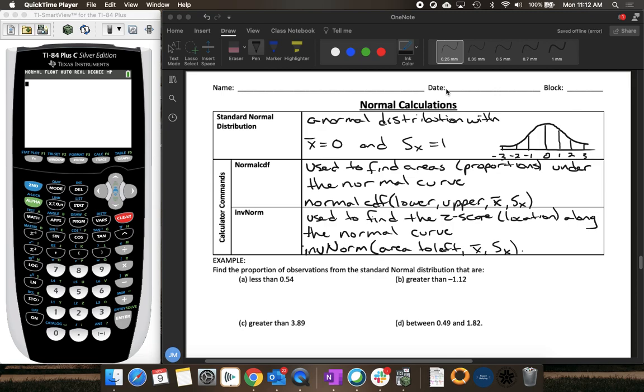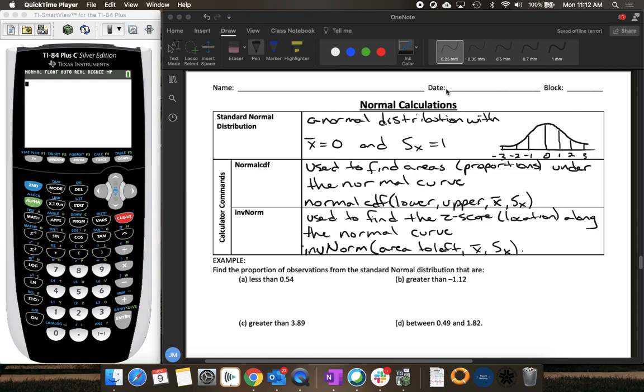Now, for those calculators that do not have a menu, you'll start by typing in the lower bound, followed by the upper bound, followed by your mean and standard deviation. It's only necessary to type in the mean and standard deviation if there's something other than 0 and 1. So if you're working on a standard normal distribution, you can leave those last two parts off.